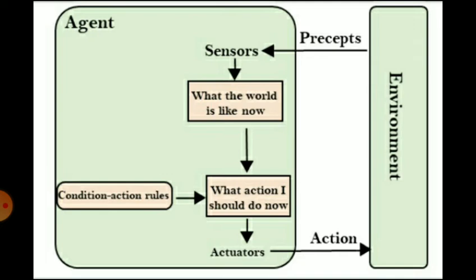But there is one more block, that is the condition action rule. The action will be according to the condition action rule. Condition action rule means if this, then this. So it works on a condition, and according to that, the effectors take action. A simple reflex agent uses a lookup table to store rules, and this table is too big to generate and to store.